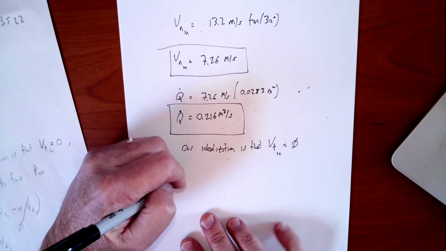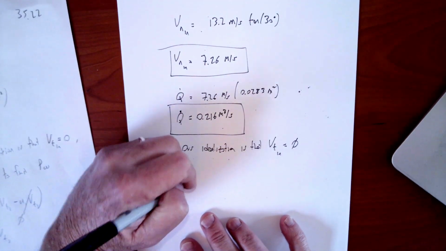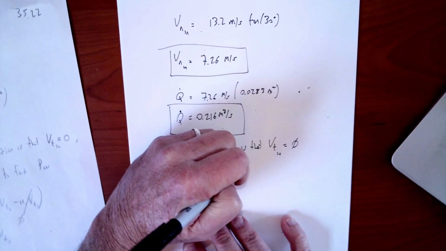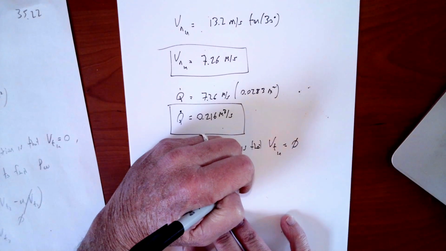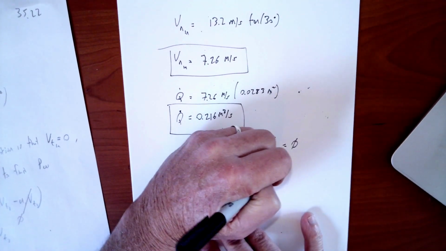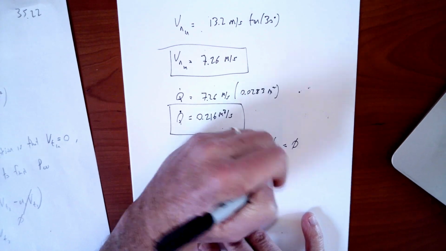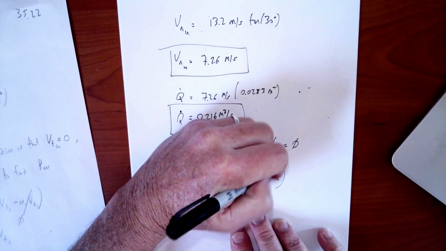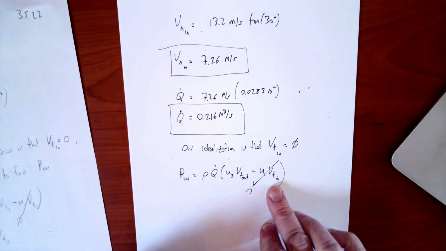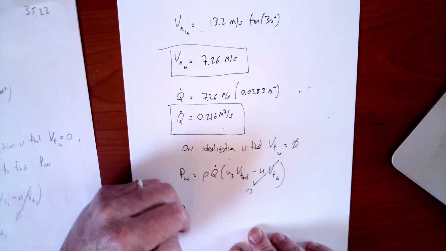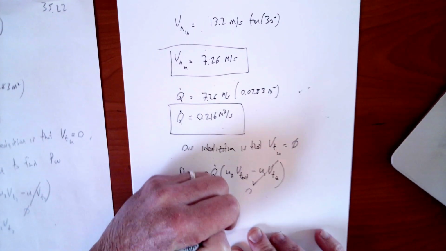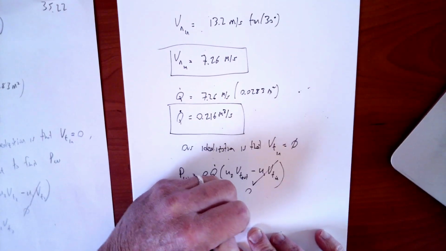So if we want to find the water horsepower, we can use our equation rho Q dot times U2 VT out minus U1 VT in, but we just said VT in was equal to 0. So that's going to kill that term, because VT in is 0 by our assumption, our idealization. So my water horsepower equation is rho Q dot U2 VT out.